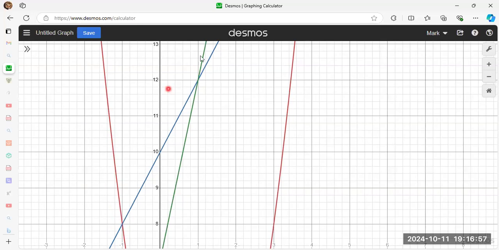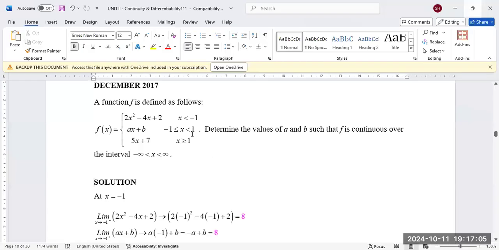Let me show you what I'm talking about. This is only less than 1. So because it's less than 1, it's going to be an open circle. You see the other piece here that says x is greater than or equal to 1?